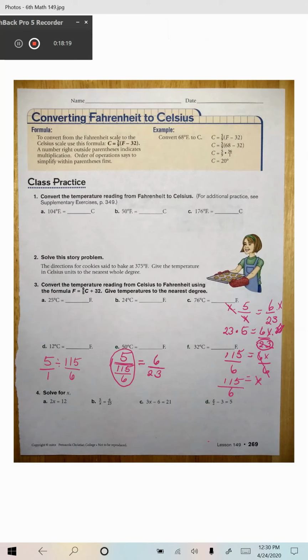Let's put this over 1. And don't we flip it and make it into a multiplication problem? Well, that's what I'm going to do. I'm going to turn it into multiplication and put the 6 on top and the 115 on the bottom. Now let's check it, okay? Multiply it.